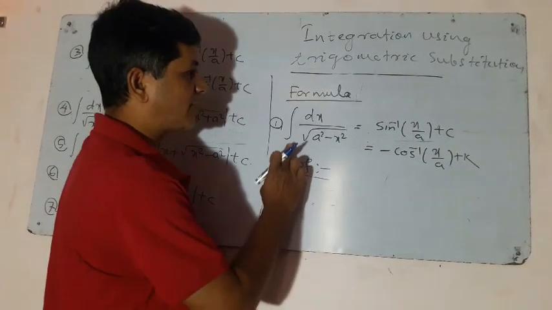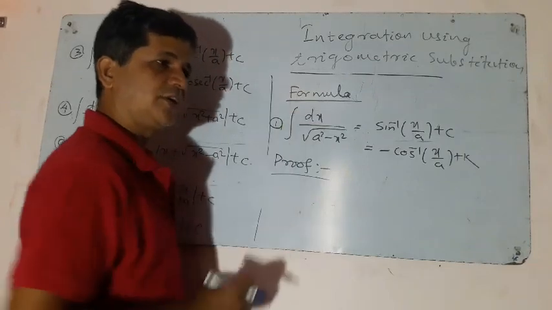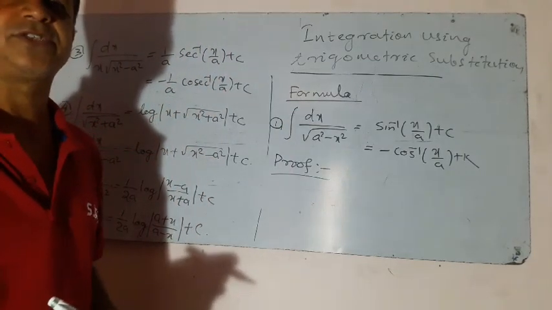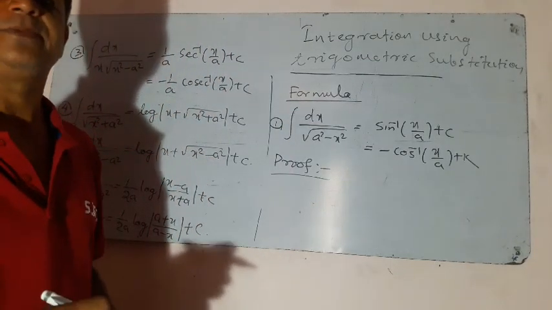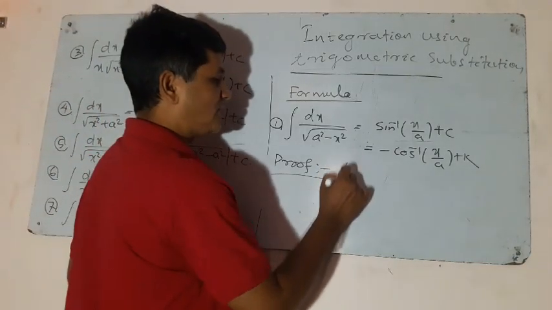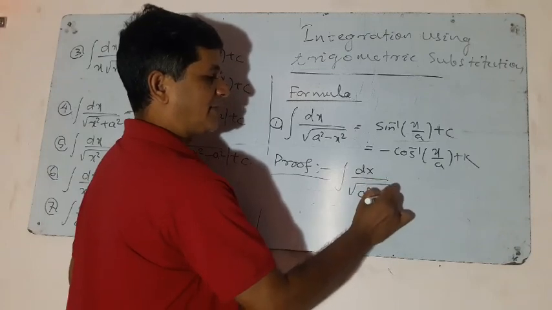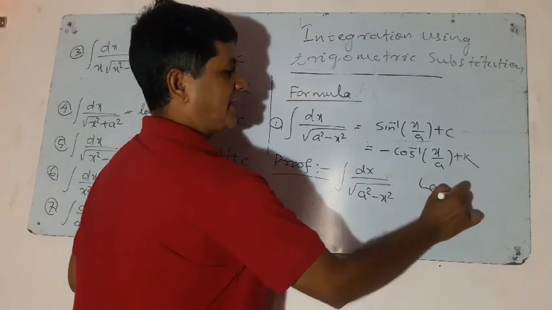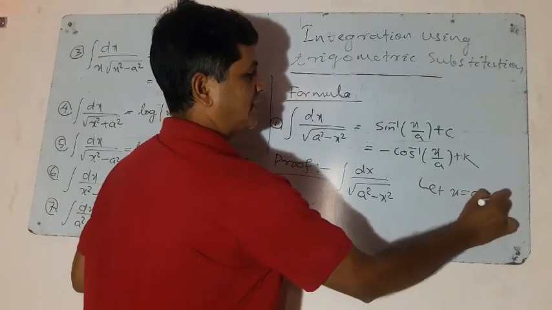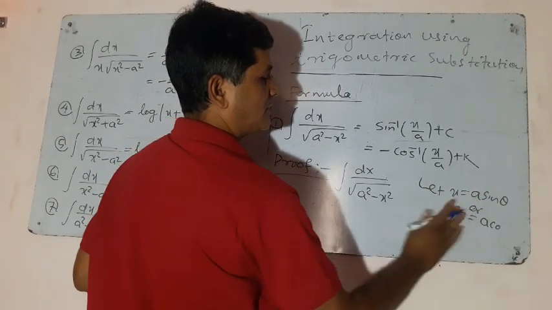Come to the proof of the first one, dx by root over of a square minus x square. Looking at the expression and substitution, x will be taken as a sin theta or x will be taken as a cos theta. Let x is equal to a sin theta or x is equal to a cos theta.